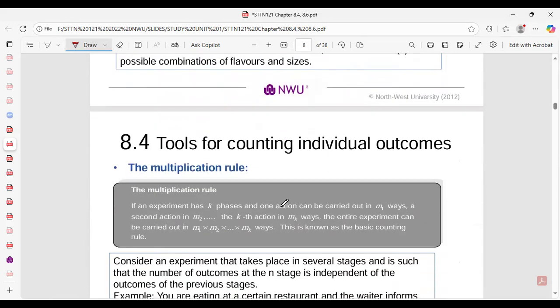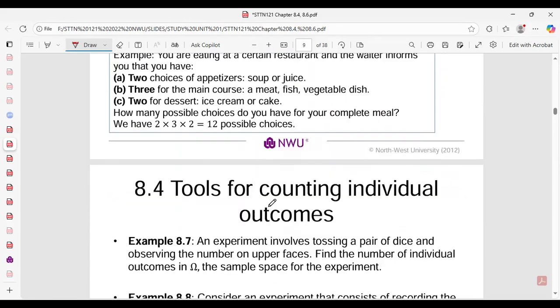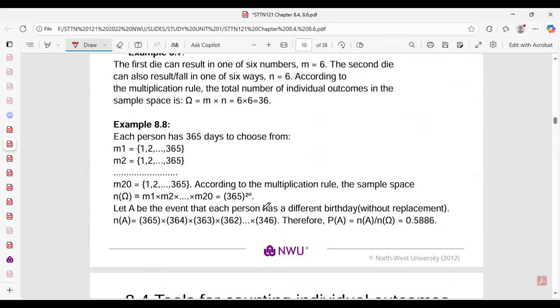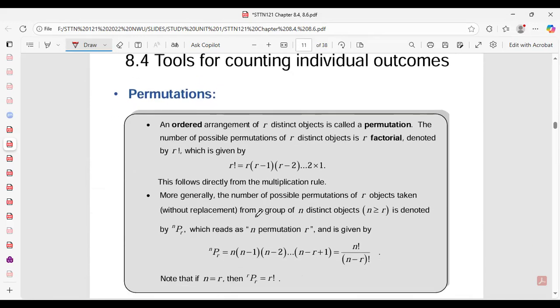Let's get the questions where we are dealing with permutations. We are dealing with an ordered arrangement of r distinct objects. We call it the permutations.